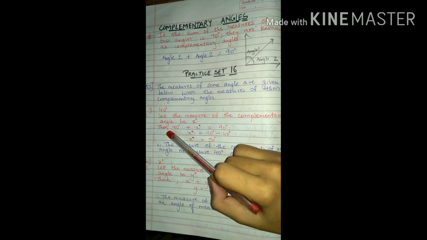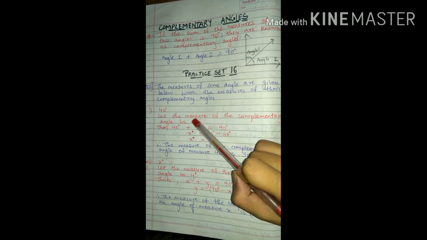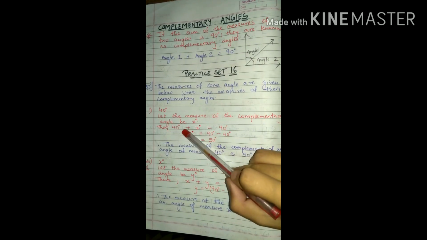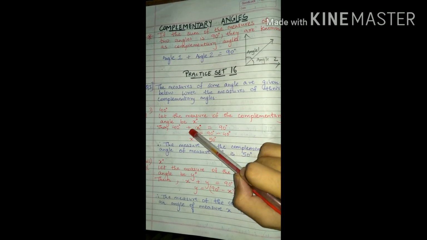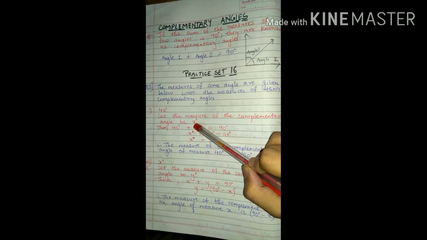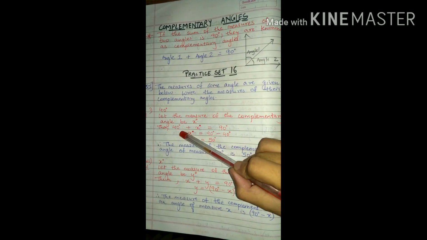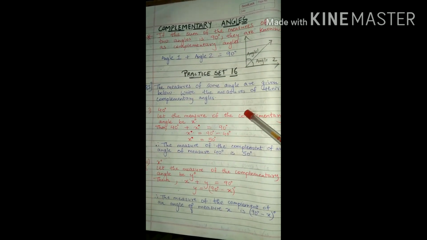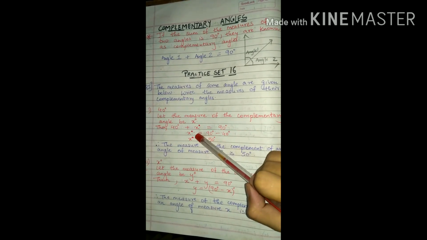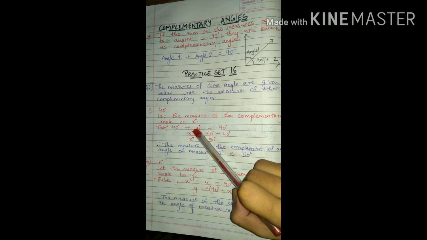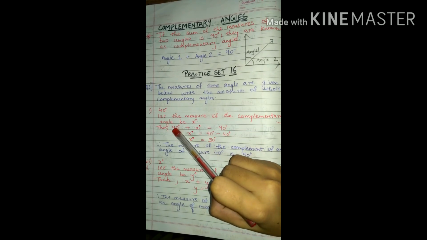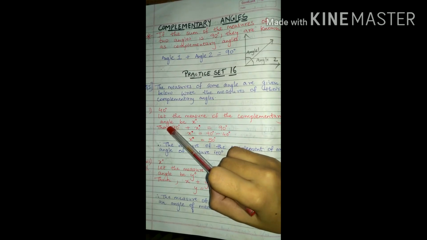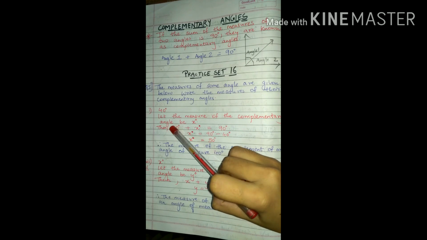We know that in complementary angles the sum of the measures of two angles is equal to 90 degrees. So 40 degrees, that is angle 1, plus the second angle we have taken as x degrees, 40 degrees plus x degrees equals 90 degrees, because they are complementary angles. Then x we keep here, and 40 goes to the 90 side. 40 has which sign before it? No sign, means plus.